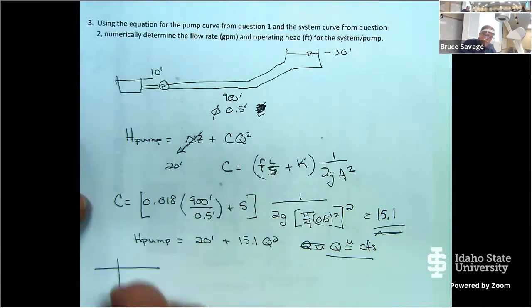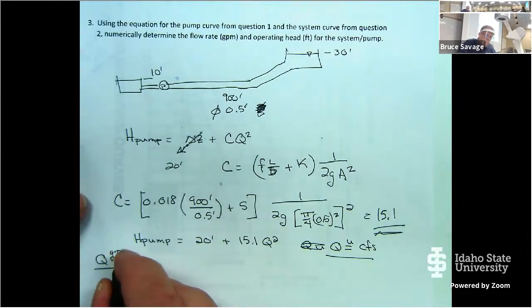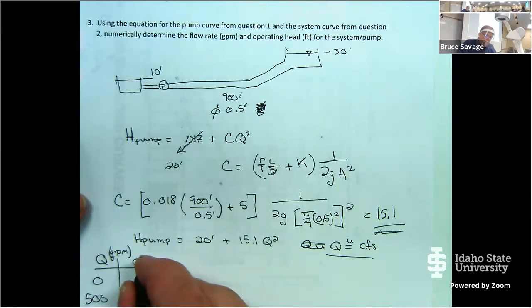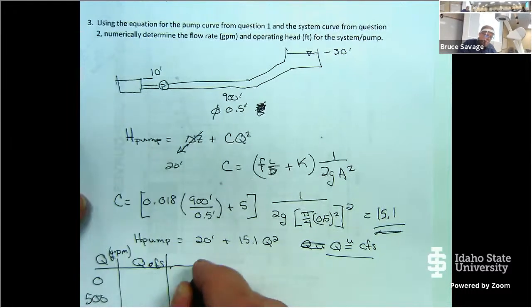So I'm going to create my little graph here once again, and I'm going to do Q in gallons per minute: 0, 500, and 1,000. And then I'm going to do Q in CFS, and then H of the pump.